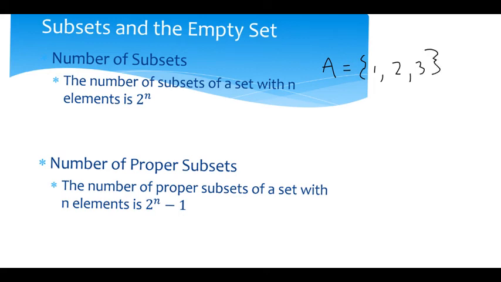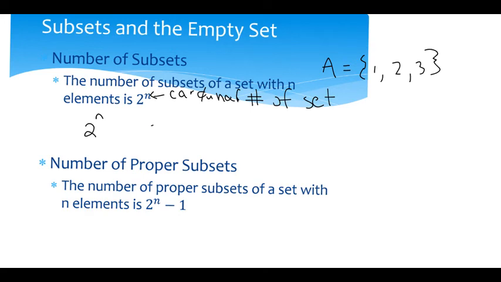Okay. So to find the number of subsets, or how many different groupings we can make, you're always going to do 2 to the nth power. N is the number of distinct elements, so the cardinal number of the set. Sorry for my bad writing there.